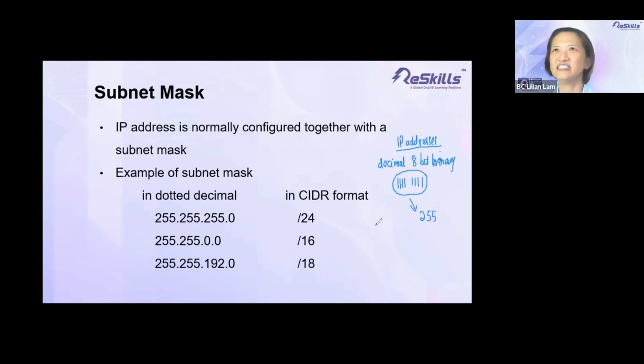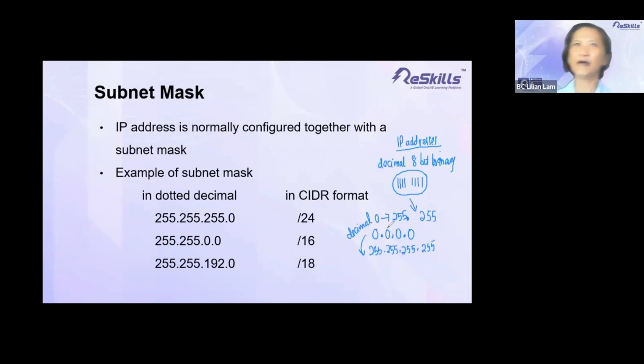So in a sense, our IP address in dotted decimal can start from 0.0.0.0 until 255.255.255.255. That is the range of each decimal: 0 up to 255.